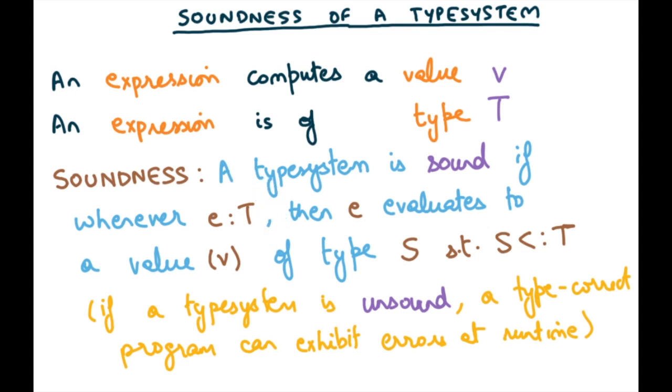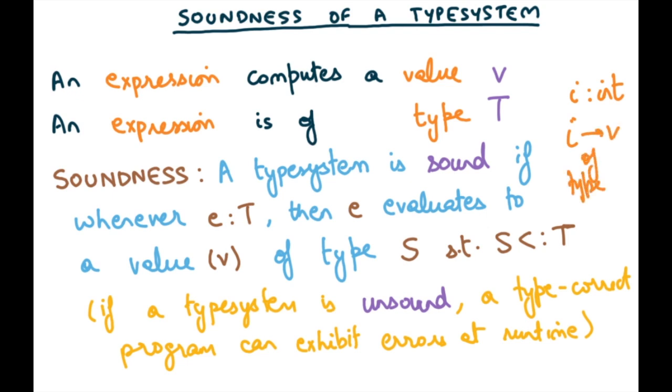So what is the use of a type system being sound? Well, if a type system is unsound, that means it didn't obey this rule, then it is possible that a type-correct program exhibits errors at runtime. So for example, it is possible that at compile time I determined that a variable i is of type int, but there is no guarantee at runtime that i will actually evaluate to a value v of type int.